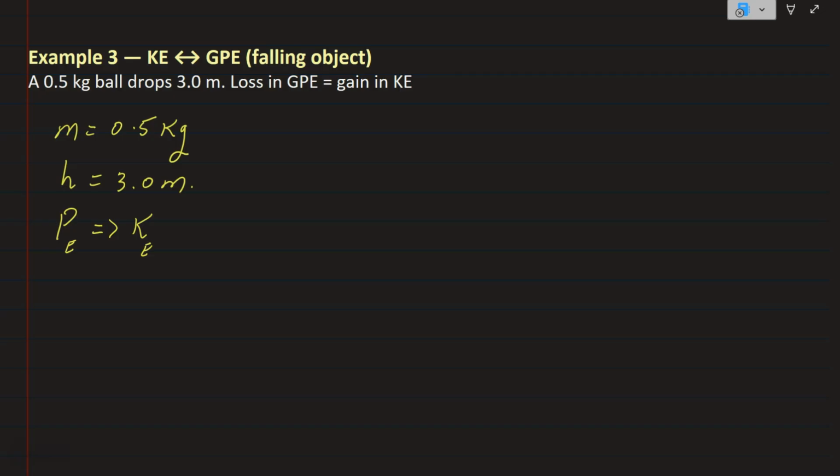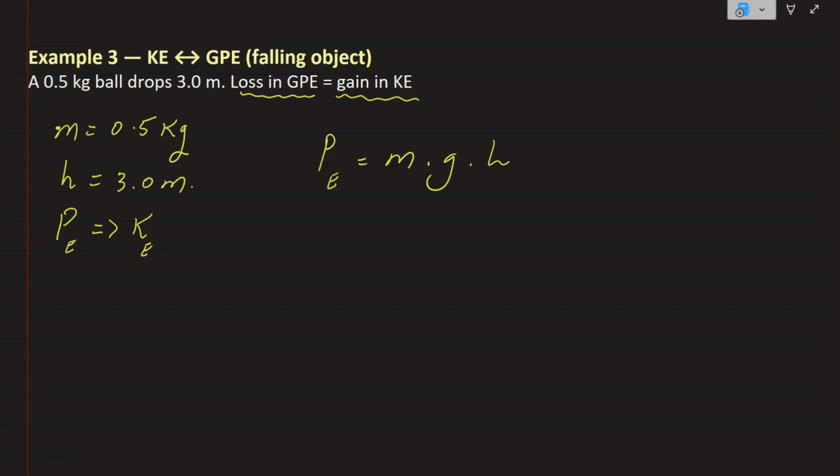All right, so remember that at any given time, the loss in GPE is equal to the gain in kinetic energy. The moment the object moves, it loses its gravitational potential energy and gains kinetic energy. So if we calculate the potential energy, which is mgh, that is the maximum amount of energy for kinetic energy as it moves. That's how much it gains, right?